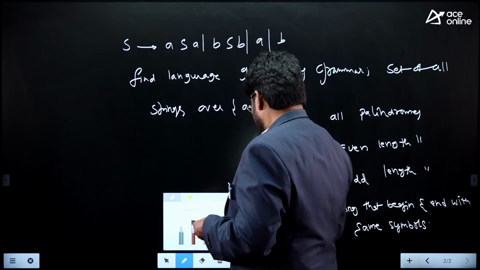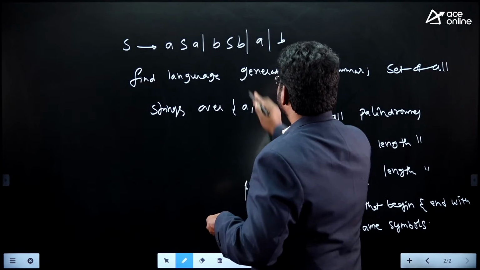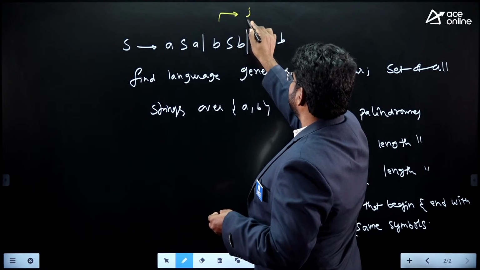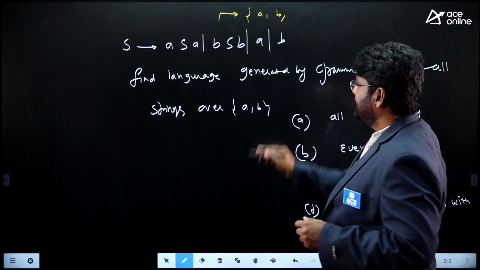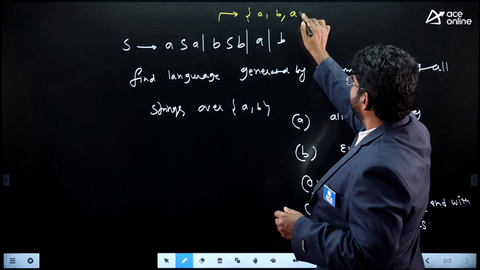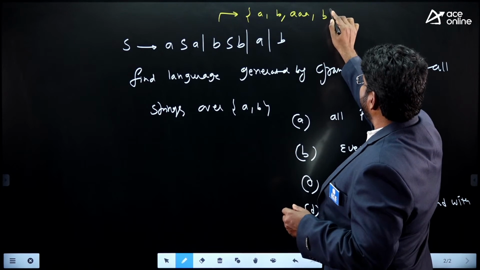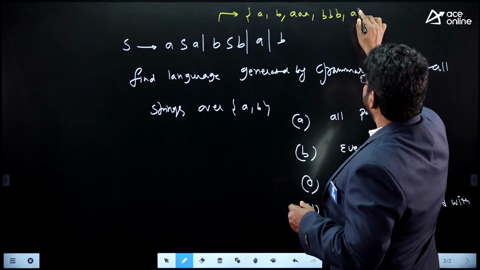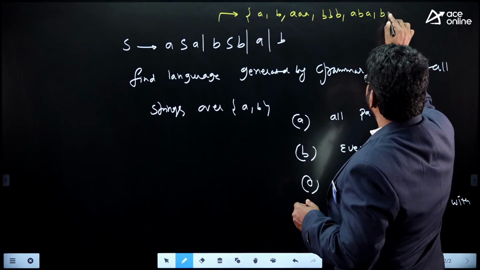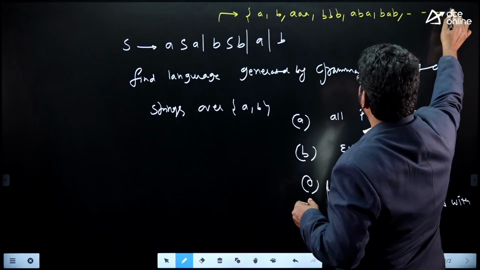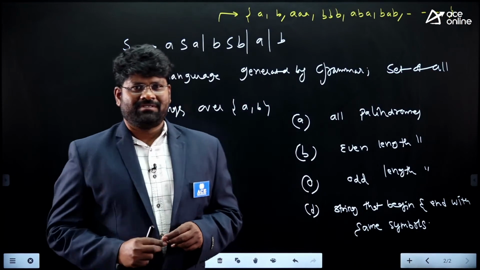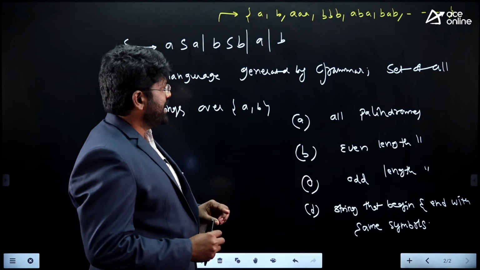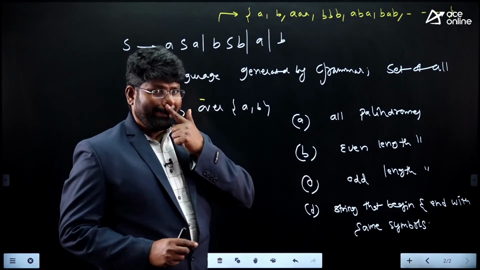The smallest strings I can produce are A and B. Further, you can have AAA, BBB, or ABA, or BAB, and so on. All are palindromes, whatever you are producing.